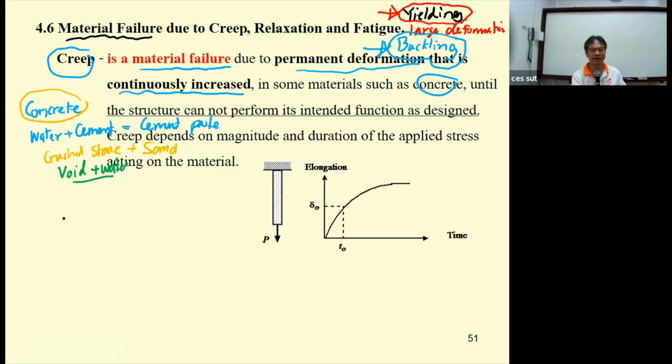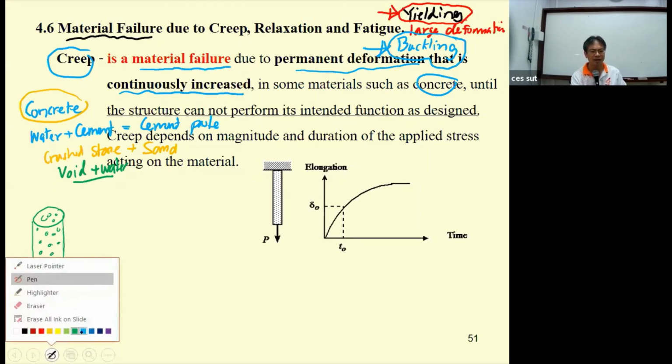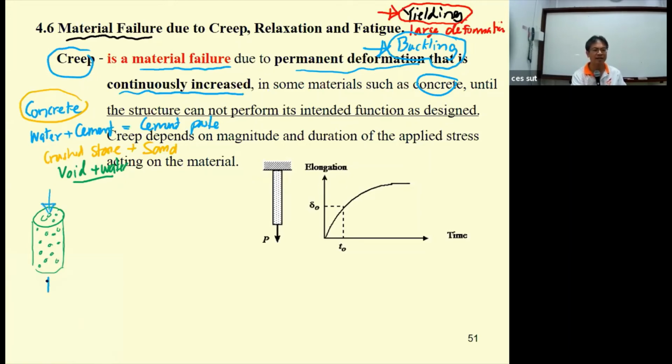What we have is the concrete structure in compression. For example, if we have this kind of column and we have voids inside, if the concrete is poorly cast or poorly made, when the concrete structure is in compression, the water in the voids will leak out, will move out. When the water moves out, this concrete will get shortened and then it won't recover.